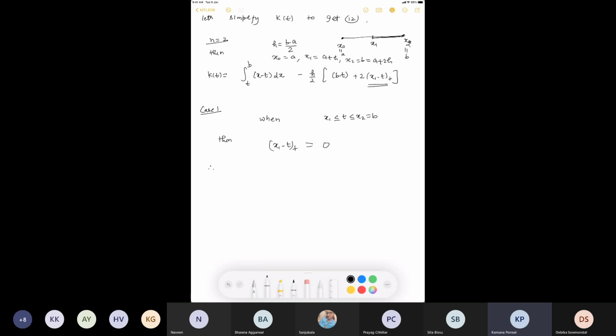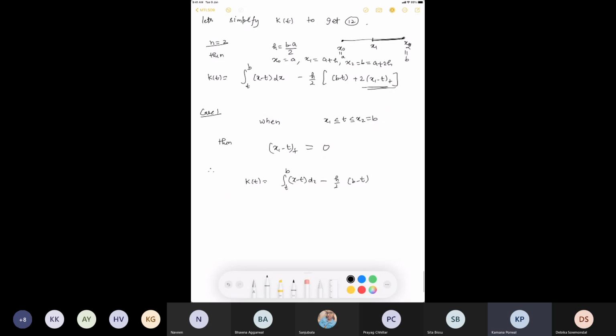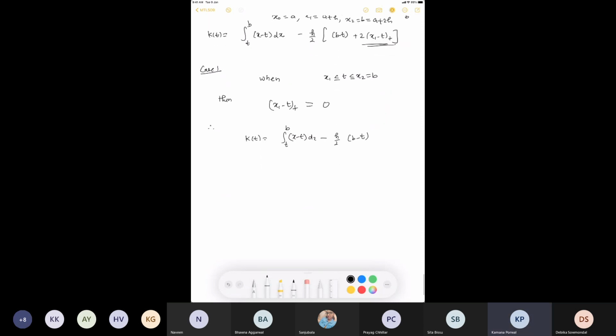So my integral is reduced. My Kt is basically the integral from t to b of (x minus t) dx, minus, since this term is 0, h by 2 times (b minus t). And if you realize, this is nothing but what we have in the case of the usual trapezoidal rule.